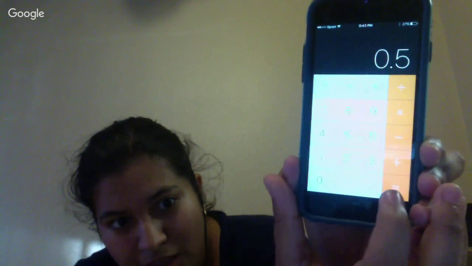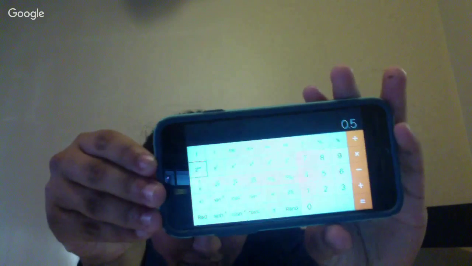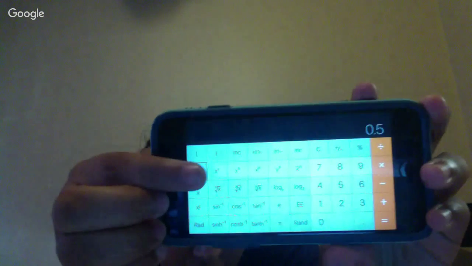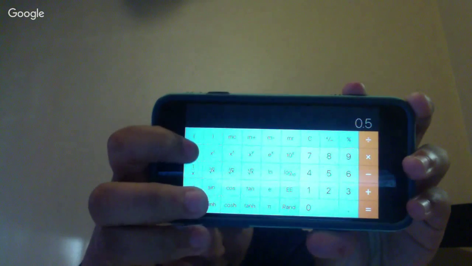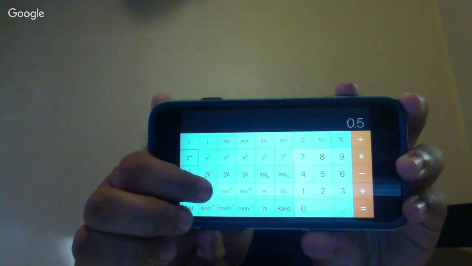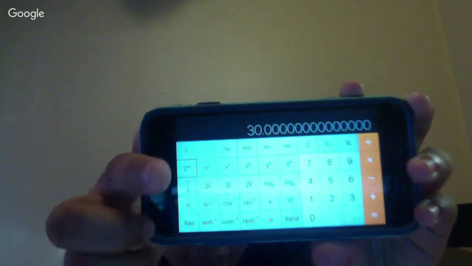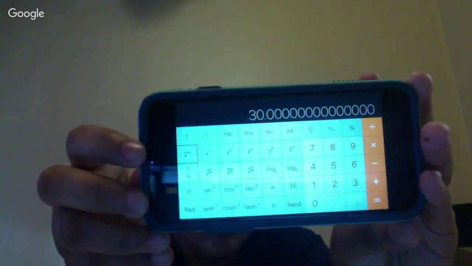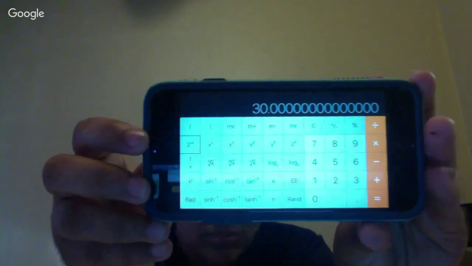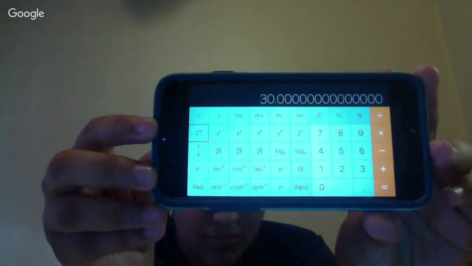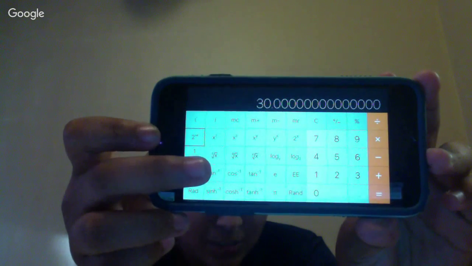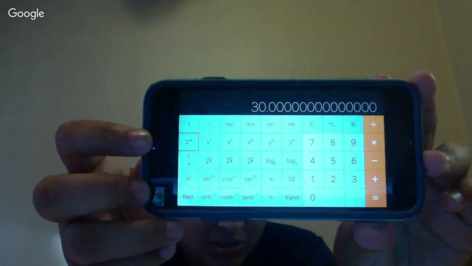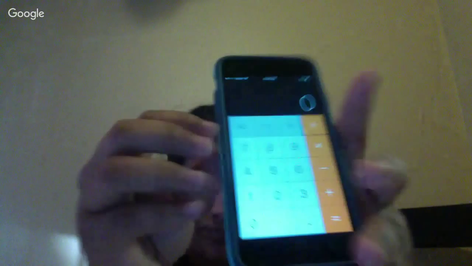Then you turn it on its side, and then you go second, inverse sine, which gives you a 30-degree angle. So then that's what tells you where you were at. You do the second inverse of sine, which is the sine with the little -1. Okay, let's just show you again. Put your measurement on your phone.